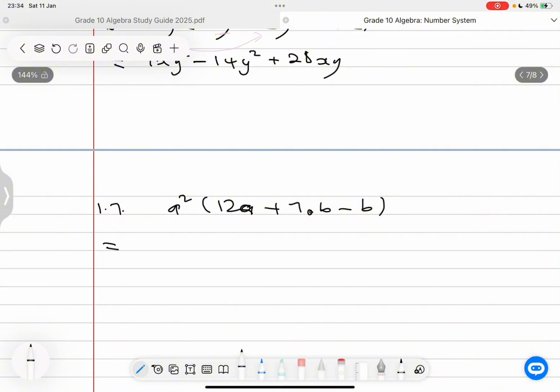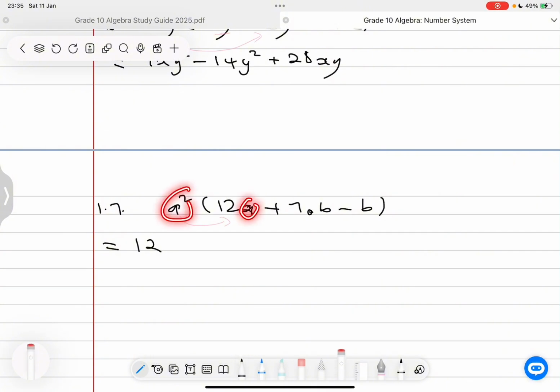Now with this problem, again we're going to do our distributive law, where we say a squared times 12, right? Remember that here we have an invisible 1. That's why when we say 1 times 12, it gives us the 12, right?